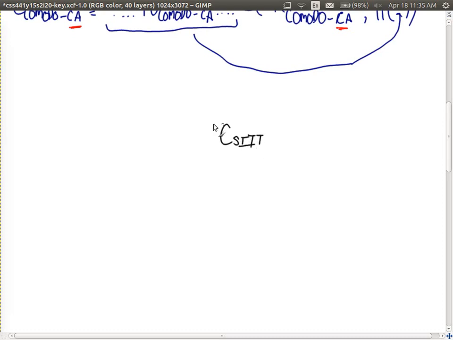Some notation we'll commonly see is this. Actually, we'll make it easier to write. The chain of trust we can summarize like this. SIT, we'll see on the slides this notation is used.